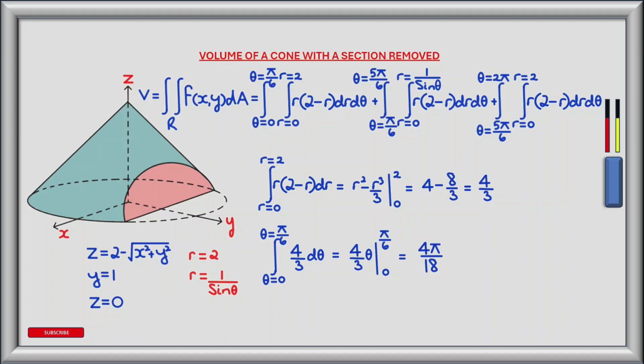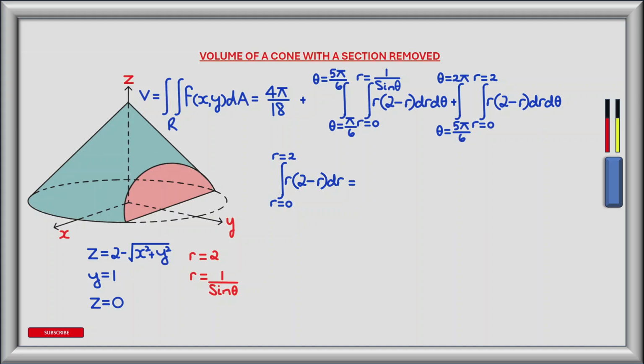If we plug in theta equals pi by 6, this yields 4 pi by 18, and when theta equals 0, this resolves to 0. So this double integral resolves to 4 pi by 18. I'll leave the middle of the three double integrals until last, as it's the most complex of the three. So next, I'll move on to the third of the three.